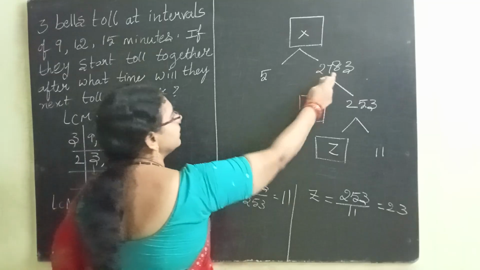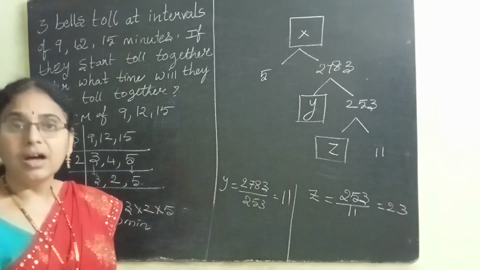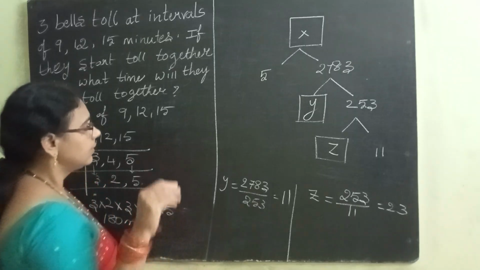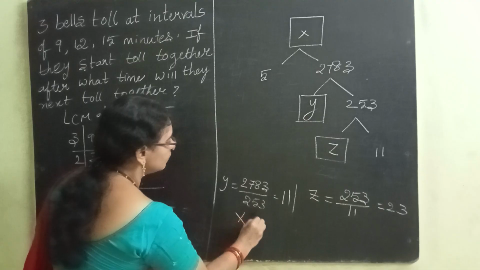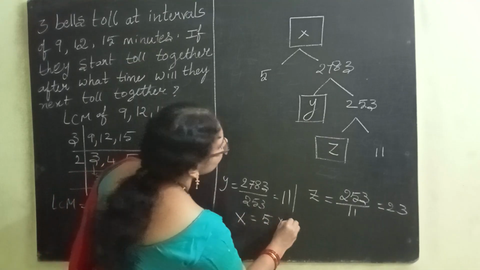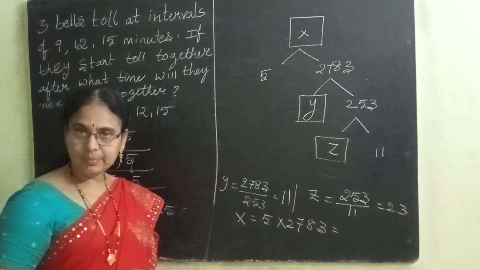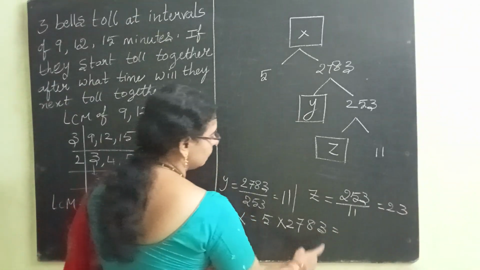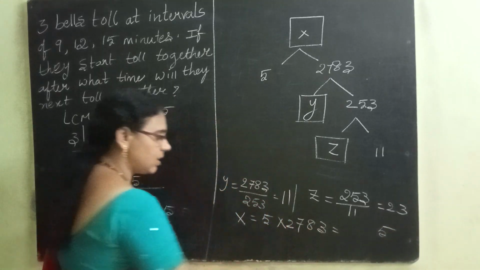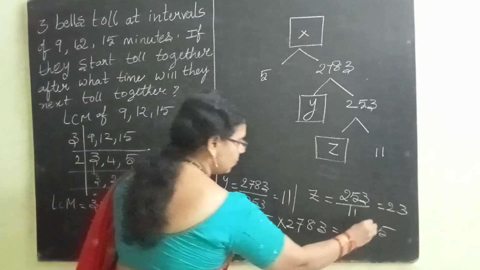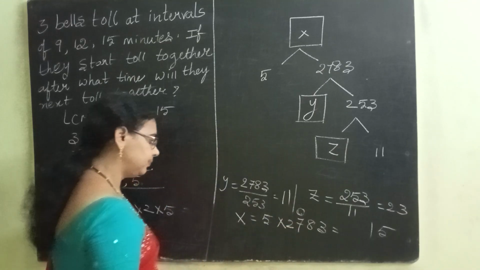Here already he has given directly 5 into 2783. How can you find the value of x? Directly by multiplication. x is equal to 5 into 2783. Multiply these two numbers. 5 3s are 15. 5 8s are 40, 40 plus 1, 41.